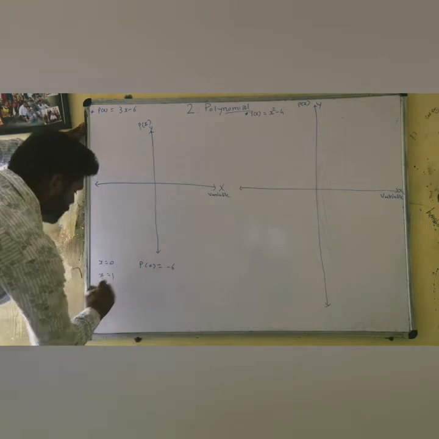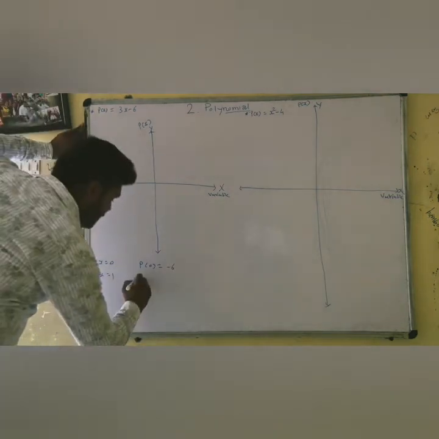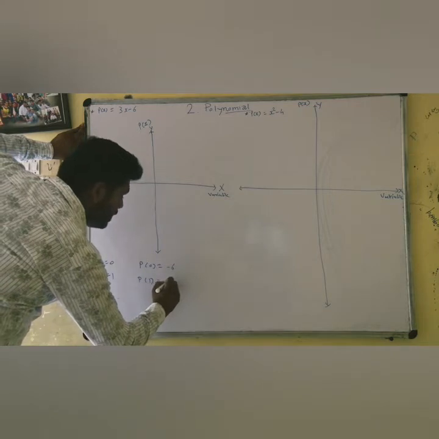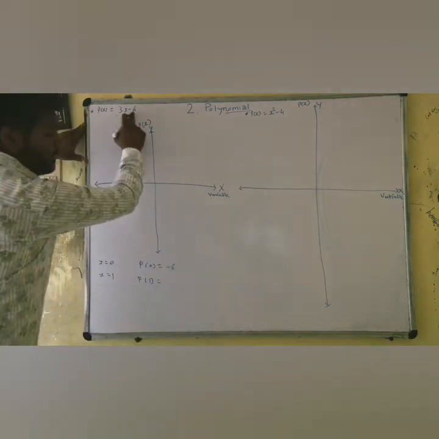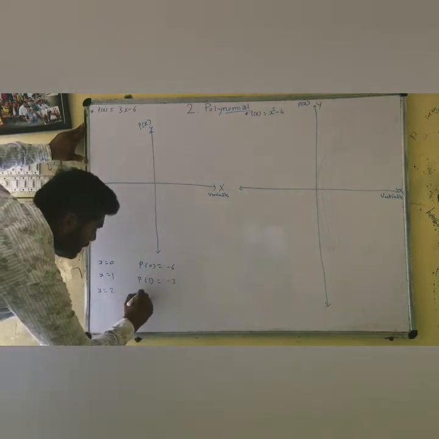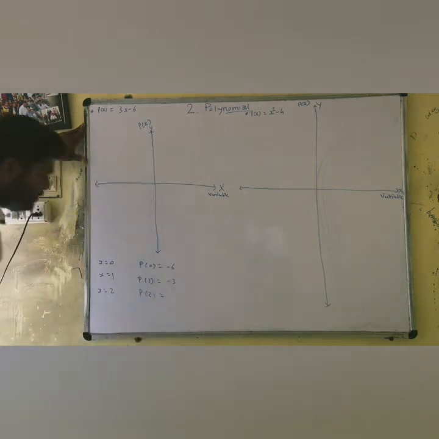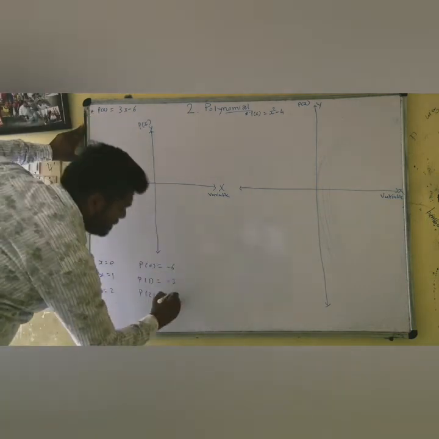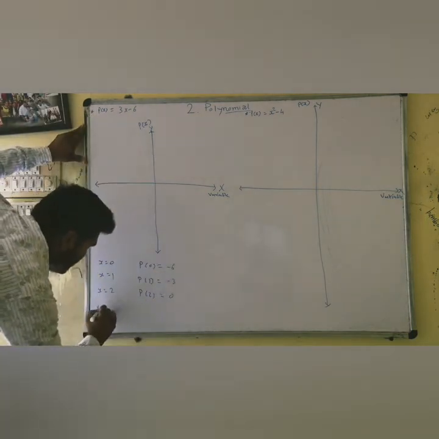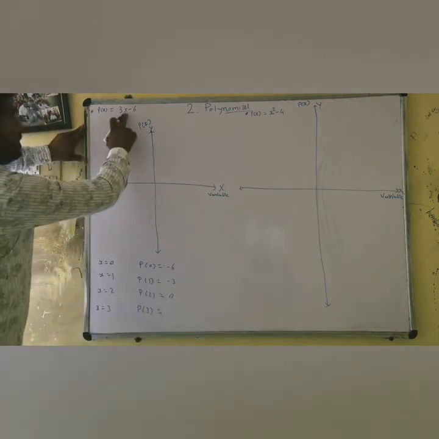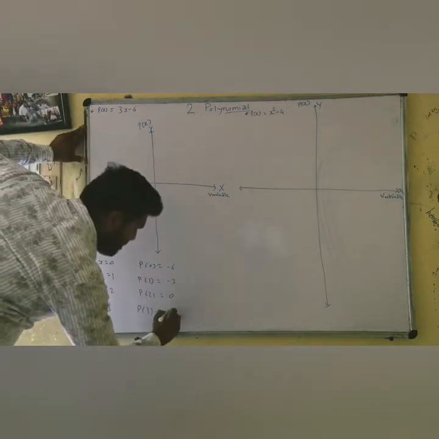Let x equals 1. Then p of 1 equals 3 ones are 3, minus 6, minus 3. Let x equals 2. Then p of 2 equals 3 twos are 6, 6 minus 6, which is 0. And x equals 3. Then p of 3 equals 3 threes are 9, 9 minus 6, which is 3.